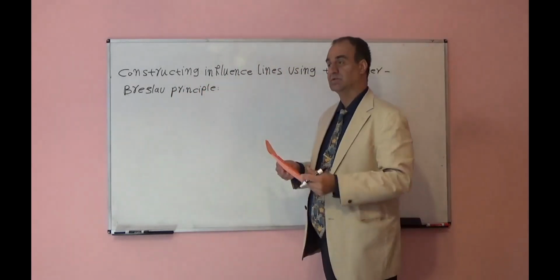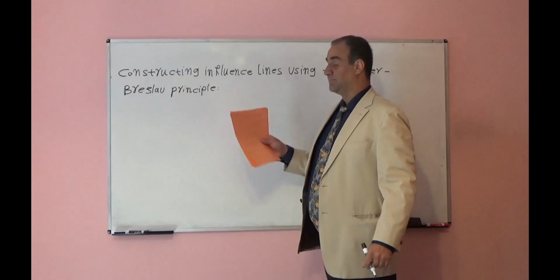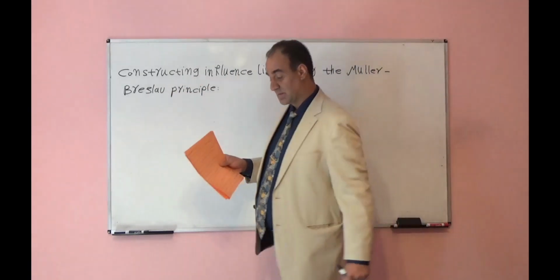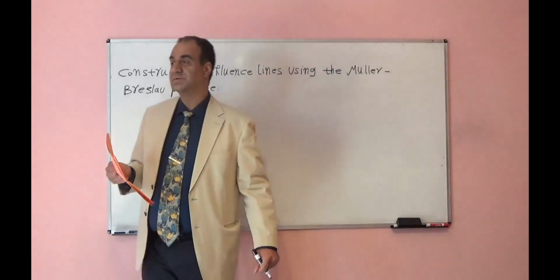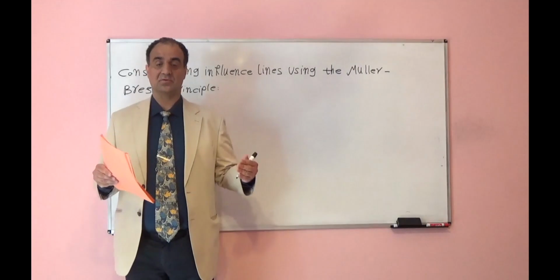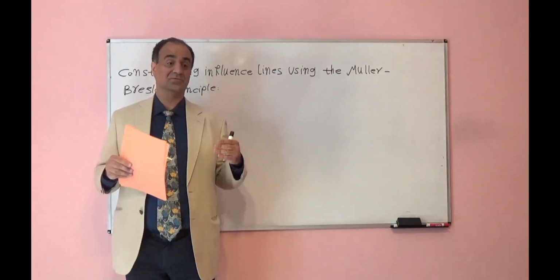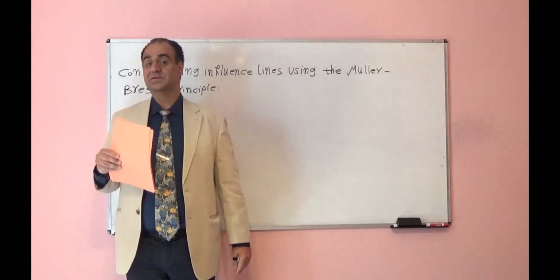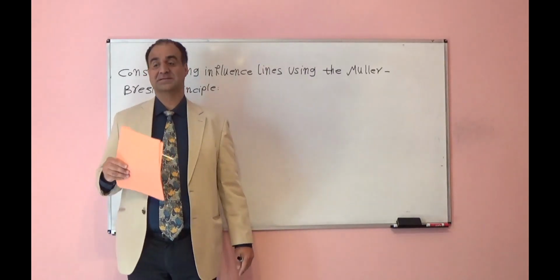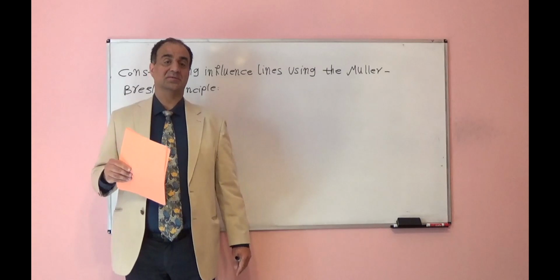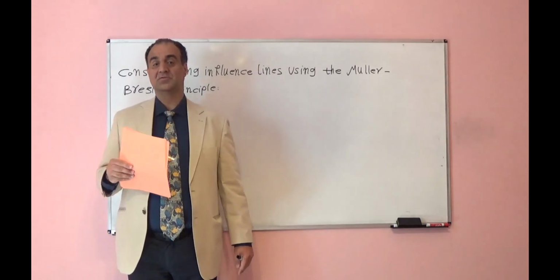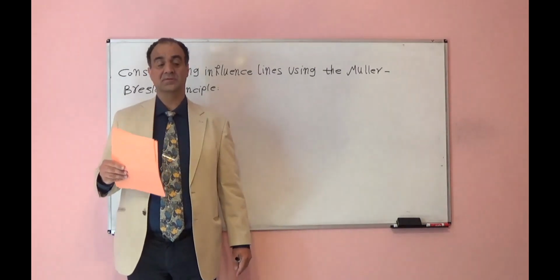Let's see how we can draw influence line using Muller-Breslau method or principle. This method will provide us with tools, and using this tool we will draw influence line much faster. You saw in previous video we draw influence line using equilibrium equation.